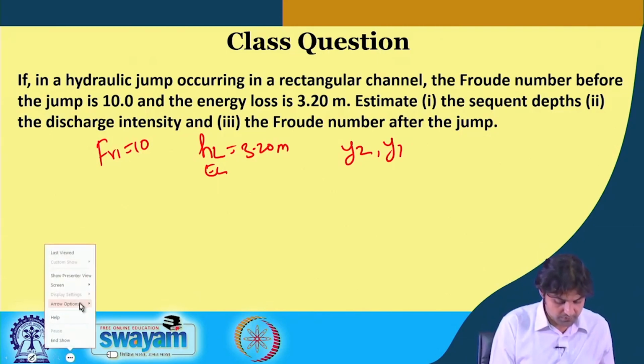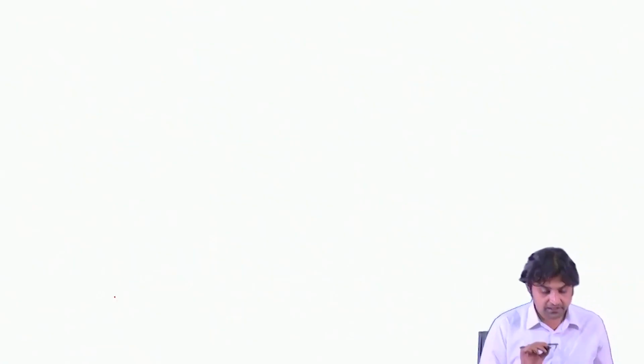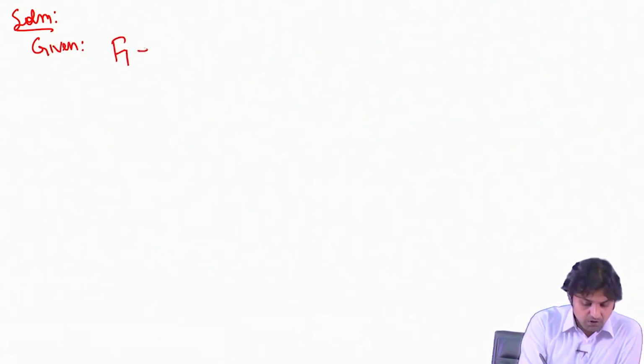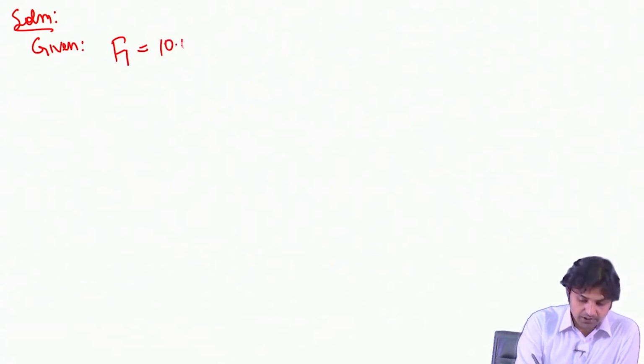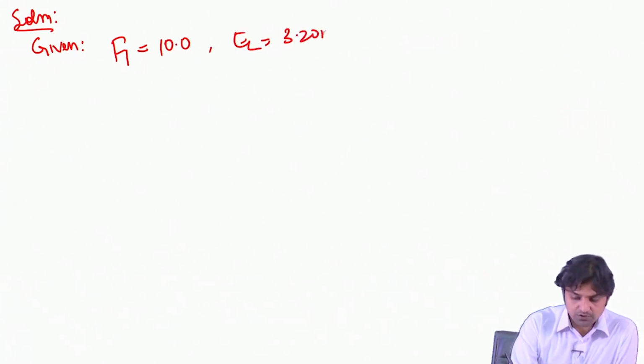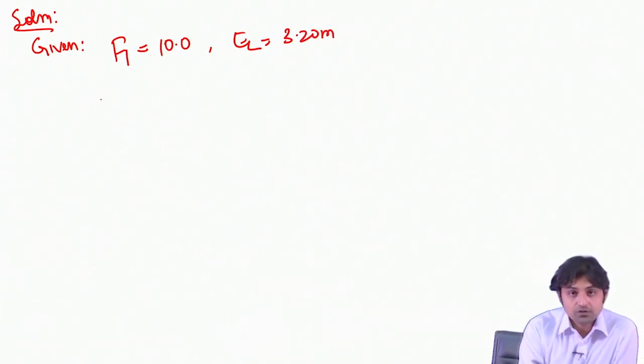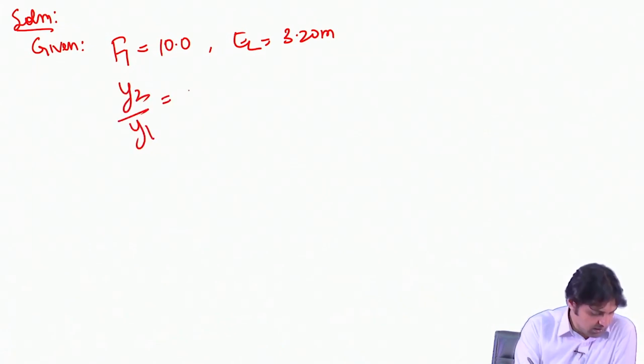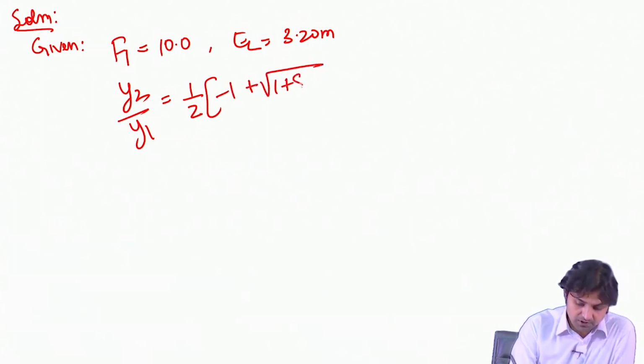To solve this, we will take the help of the white screen. The things that are given to us are Froude number F1, let us say, is 10.0 and energy loss or head loss is 3.20 meter. So, from the formula you remember, we had found y2 by y1 is equal to half of minus 1 plus under root 1 plus 8 Fr1 whole square.